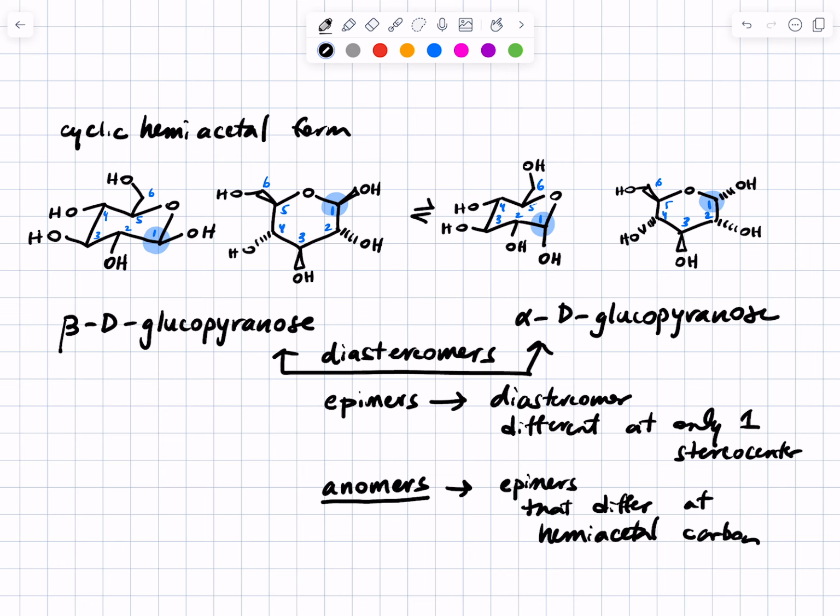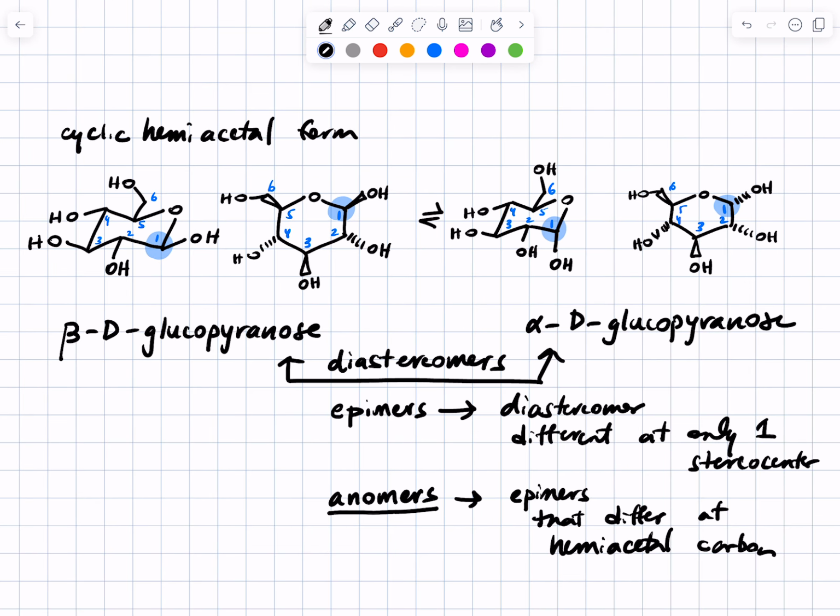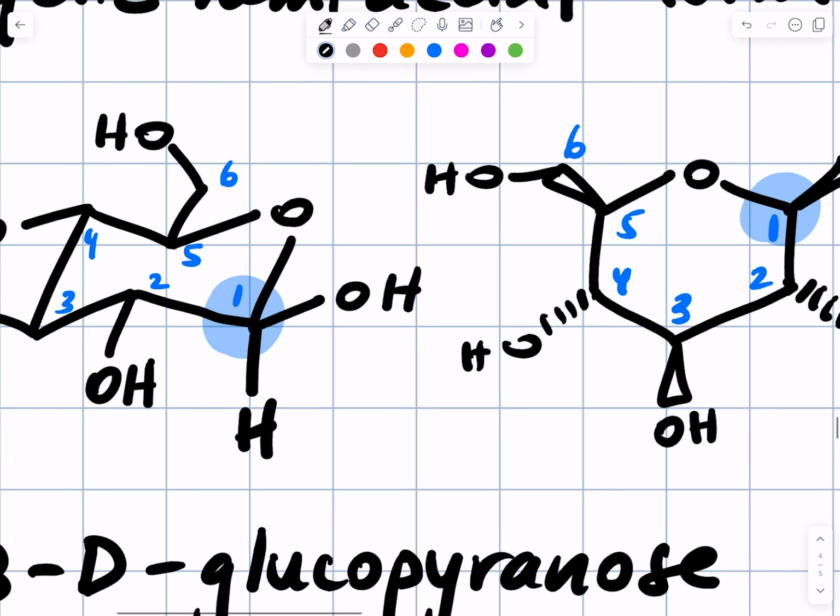So we need to talk about what that means. The blue carbon that I have highlighted here is the hemiacetal carbon. Here's how you recognize a hemiacetal carbon. The blue carbon is going to be bonded to an OH group, and that OH group used to be a carbonyl oxygen.